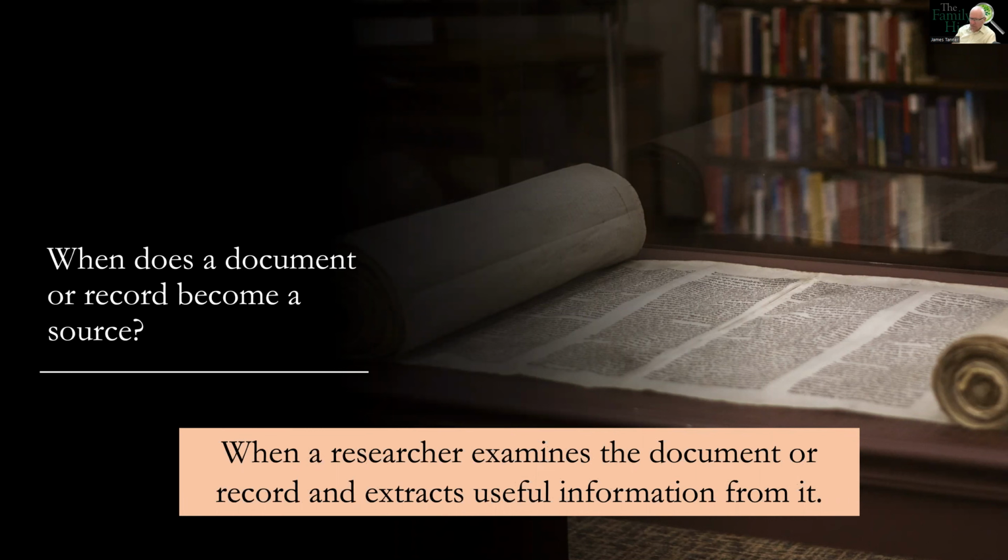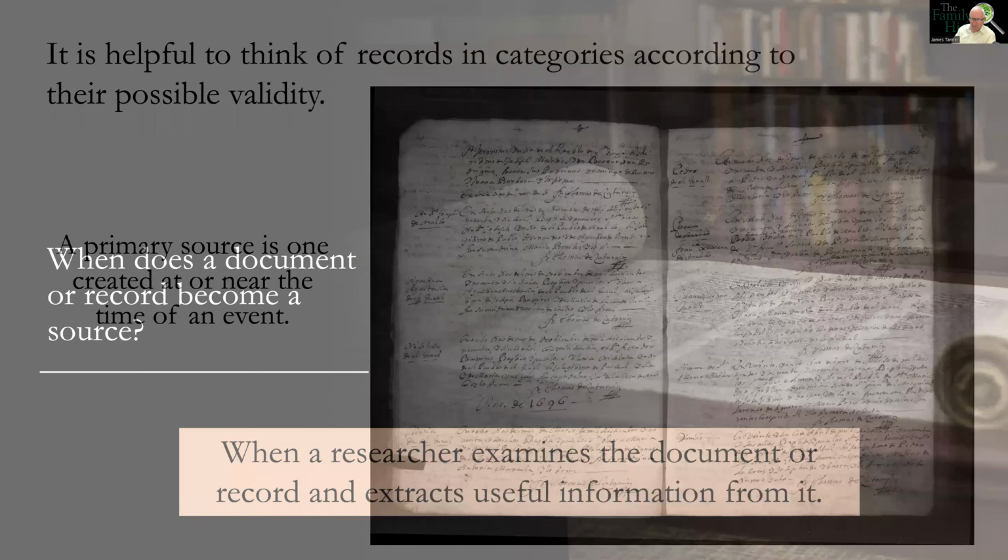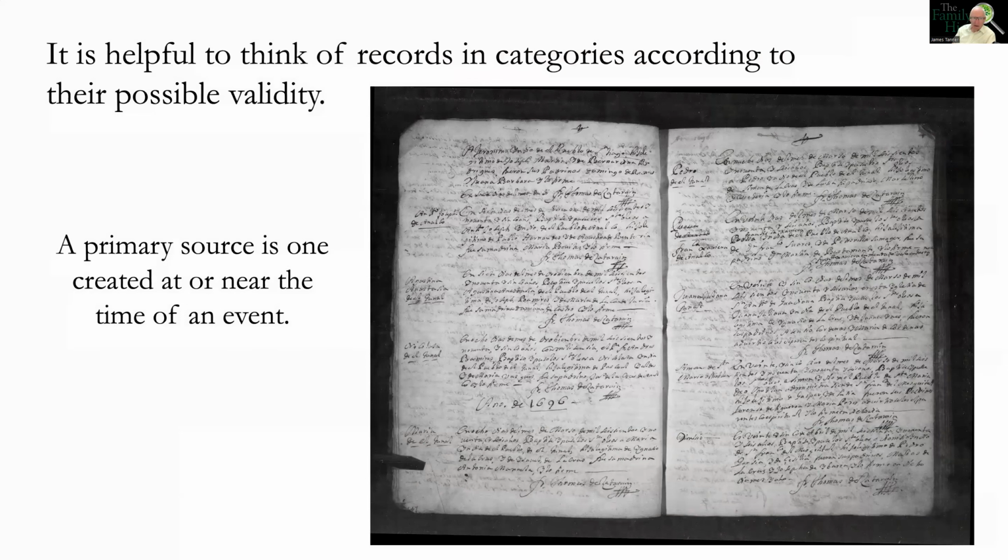That's your source. If you just look at it, maybe you keep it in your research log, but it doesn't become a source to what your conclusions are. I look at lots and lots of records before I find the one record or two records that may be the specific person I'm looking for. So that's kind of the point that we're making here.